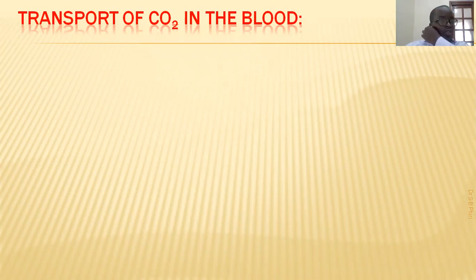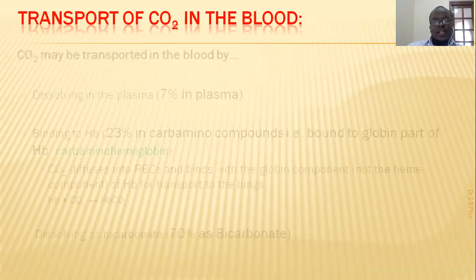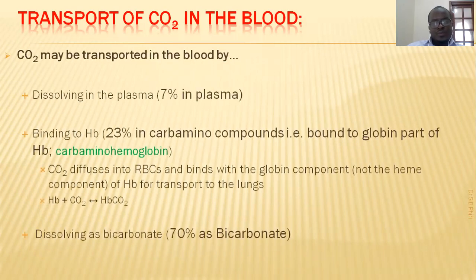So now let's move on to carbon dioxide. How is it transported in blood? Like I said, this component will be discussed again when we start looking at the respiratory system. For now, we'll just highlight certain points that you need to know. Carbon dioxide may be transported in the blood in different forms, just like oxygen. There are three major forms.